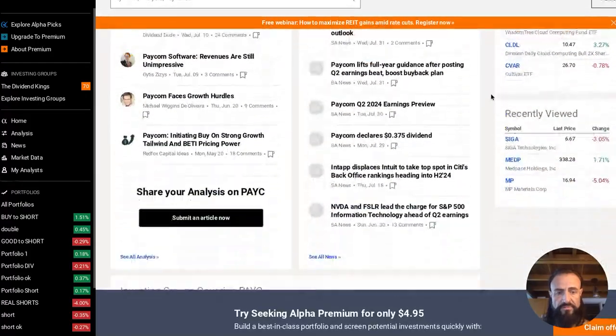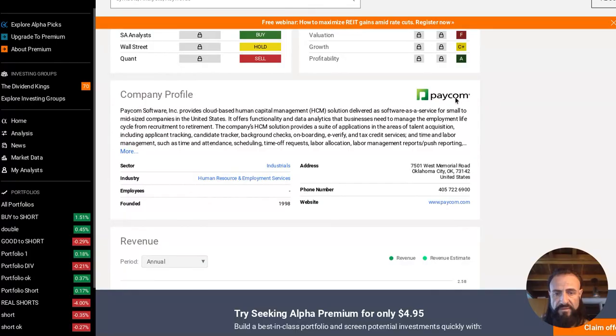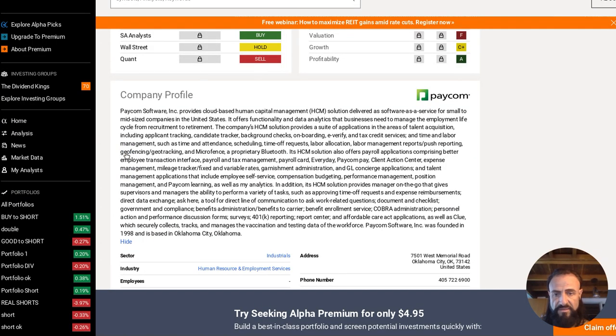Looks good though. I like it. I like it. Small and mid-sized companies in the United States, talent acquisitions, tax credit, scheduling, payrolls.